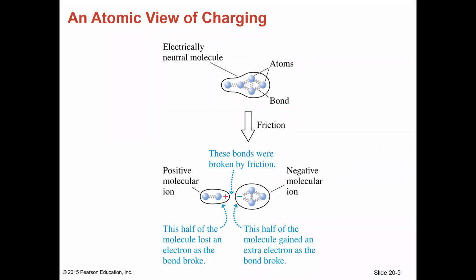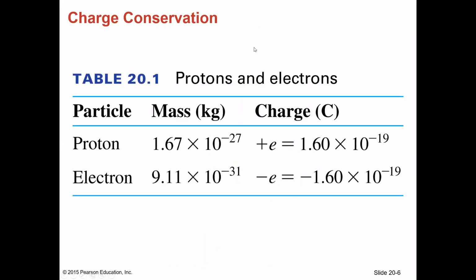The one that carries the net negative charge becomes a negative molecular ion, and the one that carries net positive becomes a positive molecular ion. So that's the molecule, and there's a breaking of the bond in the molecule. You might have seen this before.